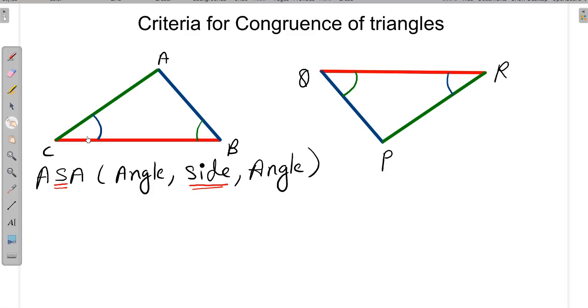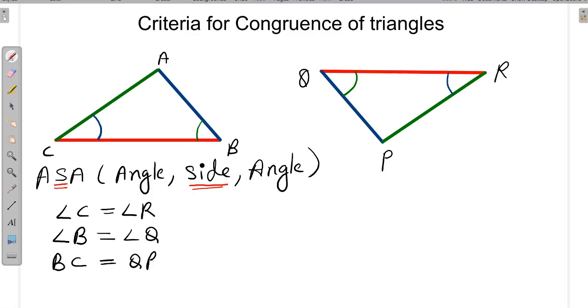So, in this criteria, if angle C is equal to angle R, then angle B is equal to angle Q and the side which includes both the angles, that is the BC is equal to QR, then we can say that the two triangles are congruent to each other.